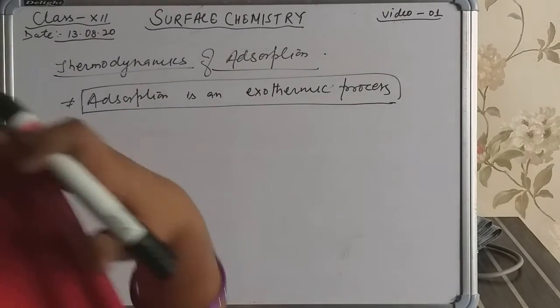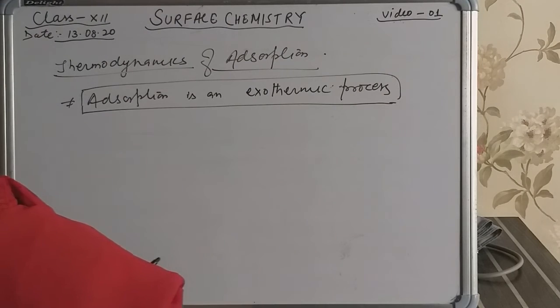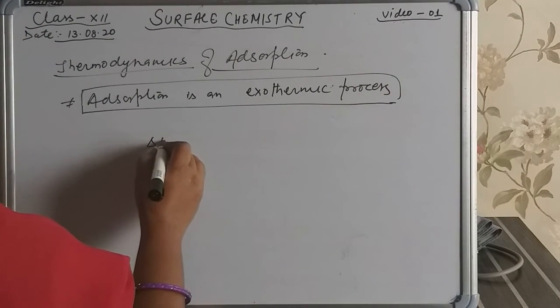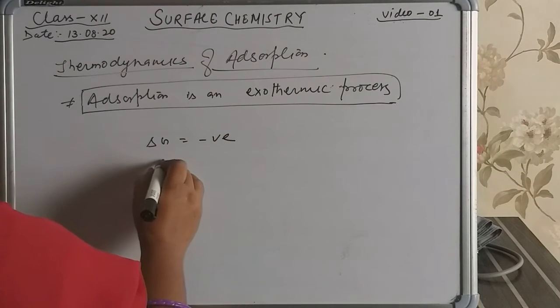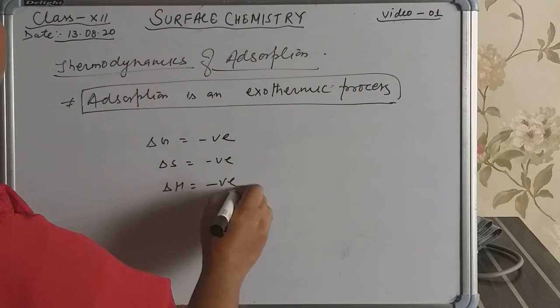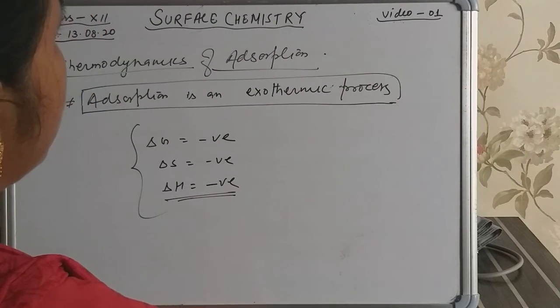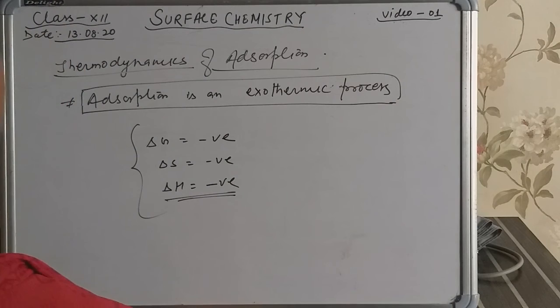So in this way you can simply define the thermodynamic conditions for adsorption. Delta G must be negative, delta S is also negative, and delta H must be negative. These are the conditions, because as we know this is an exothermic process, so these are the conditions given for adsorption.